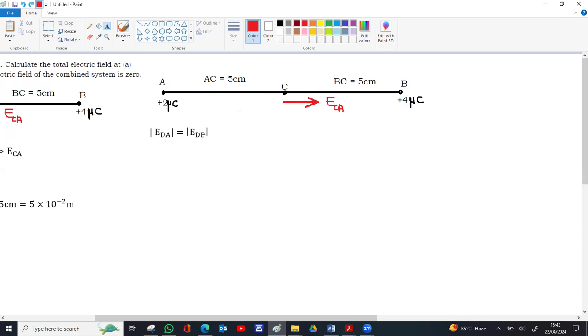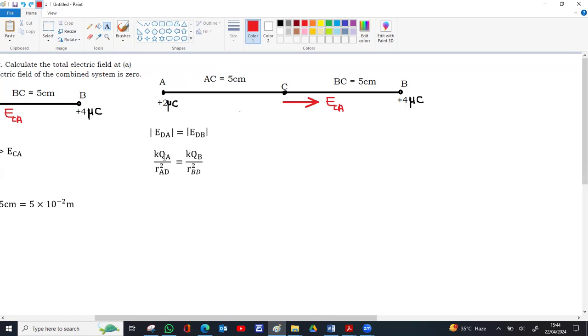Now you can substitute the values of E at D. So E equal to KQ by R square. So K QA by RAD square equals K QB by RBD square. Now K gets cancelled. QA will be 2 microcoulomb, QB will be 4 microcoulomb.